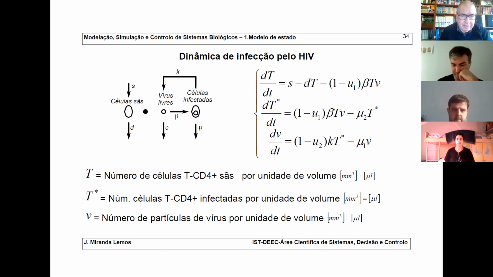So I only have three variables. The number of CD4 T cells per unit volume, so usually per microliter. Then the number of infected cells and the number of virus particles.